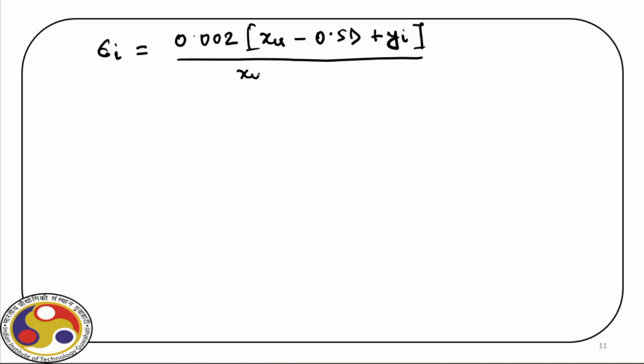Once we identify the strain in the ith rebar, epsilon i is equal to 0.002 times (xu minus 0.5D plus Yi) divided by (xu minus 3/7 D). This is a very simple exercise. We have earlier also done this.